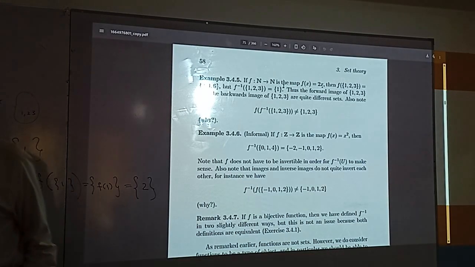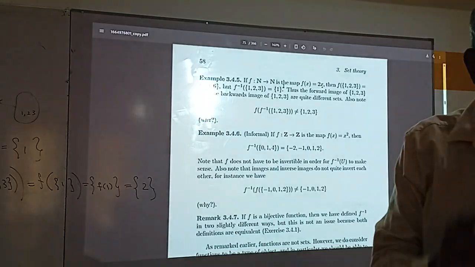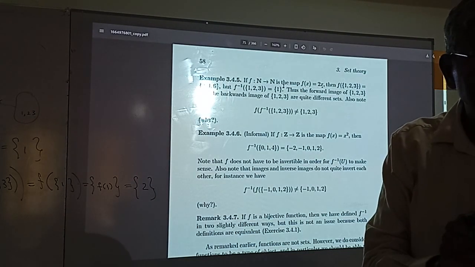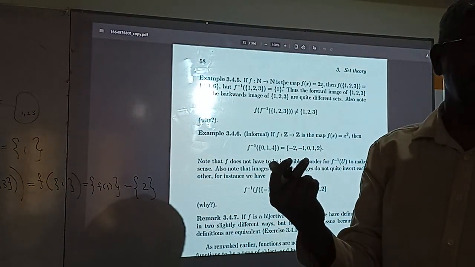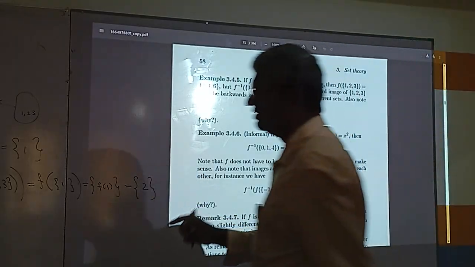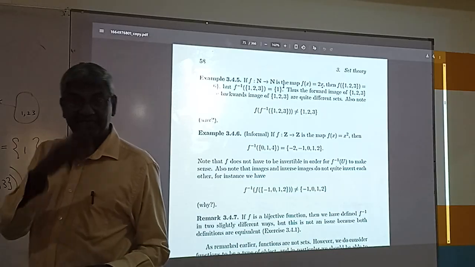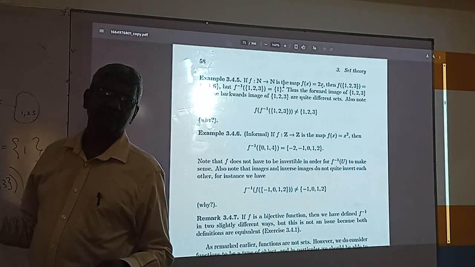F inverse of an element is defined only when f is invertible. For f inverse of an element and f inverse of a set, we use the same word, but they have completely different meanings.